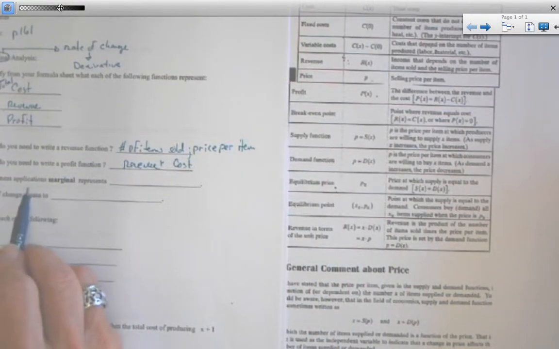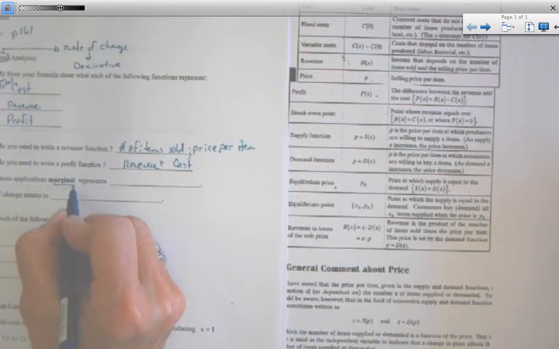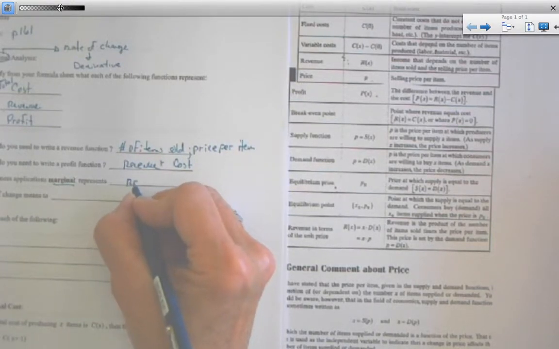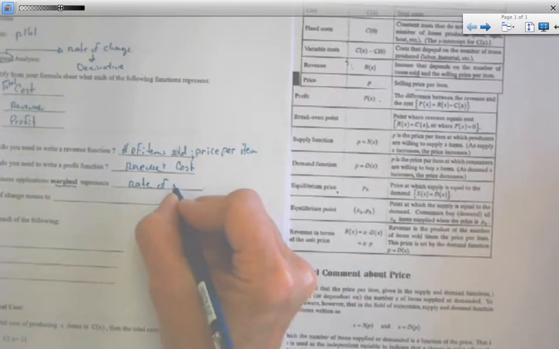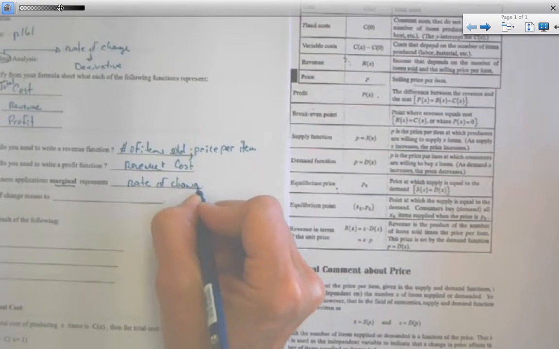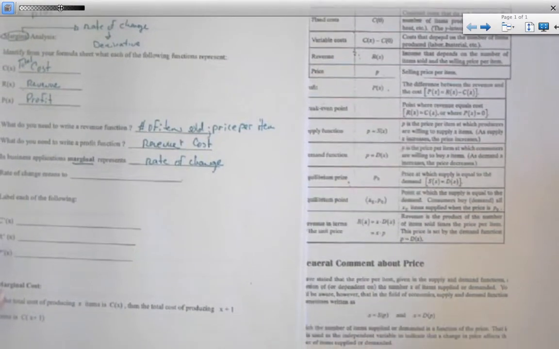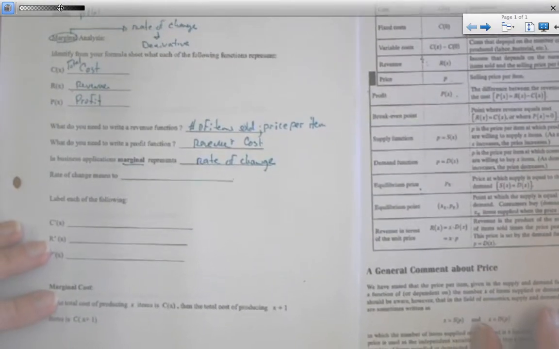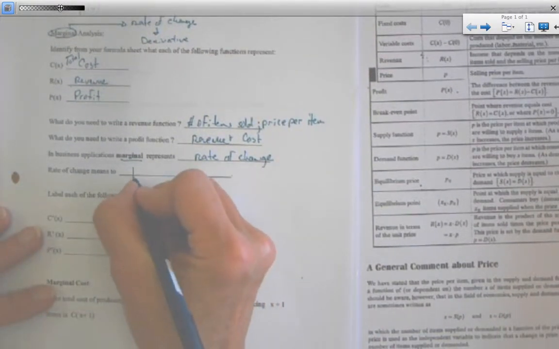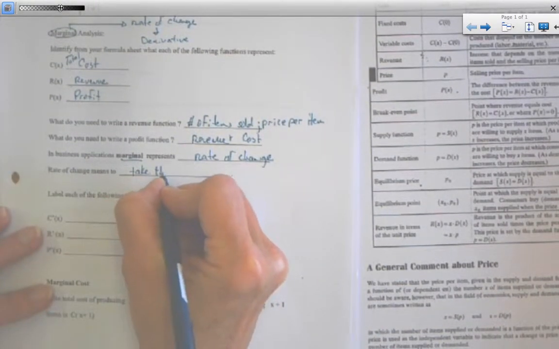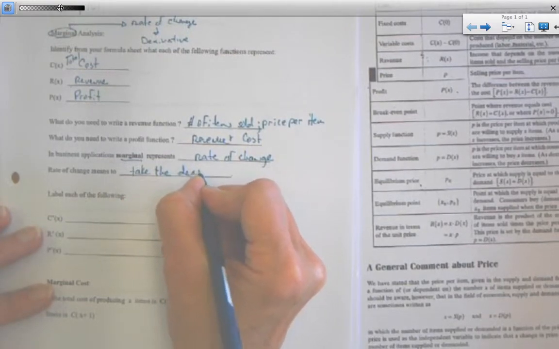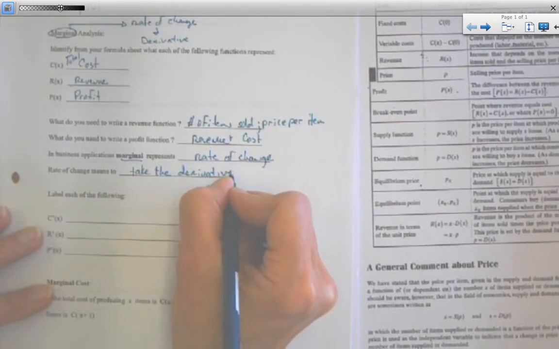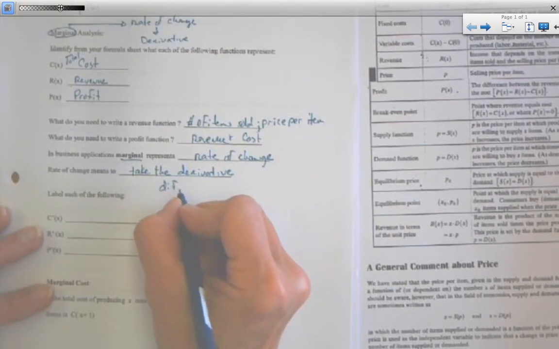In business applications, marginal represents rate of change. Marginal means rate of change. Rate of change means to take the derivative. In calculus, we say differentiate.